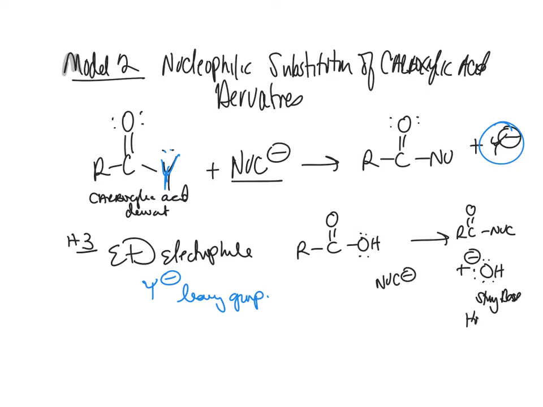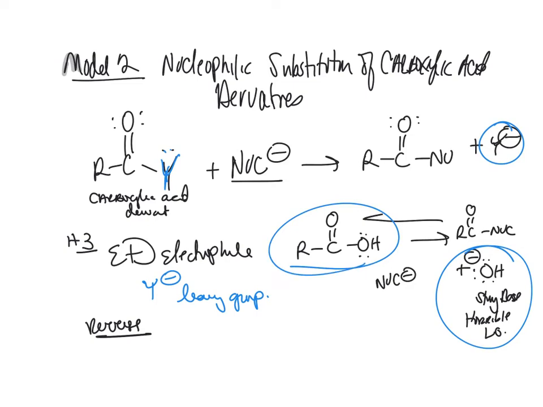That is a horrible leaving group. So it's not going to want to go this way, it's going to want to go here. So reverse. Because if this leaving group is a horrible leaving group, then it's not going to want to leave. So OH is an example of a horrible leaving group and it's unstable.